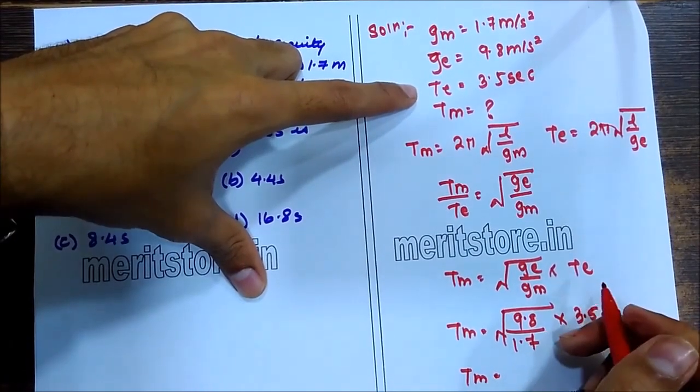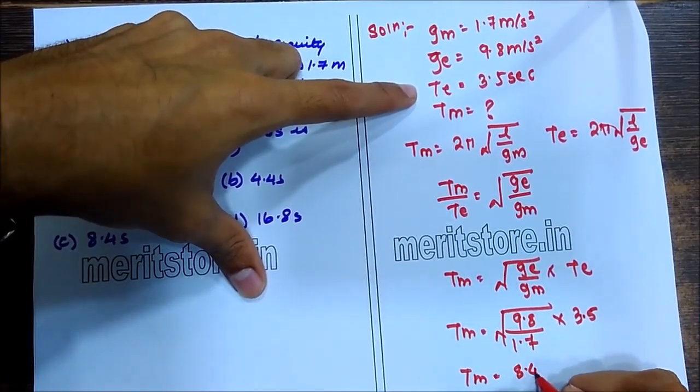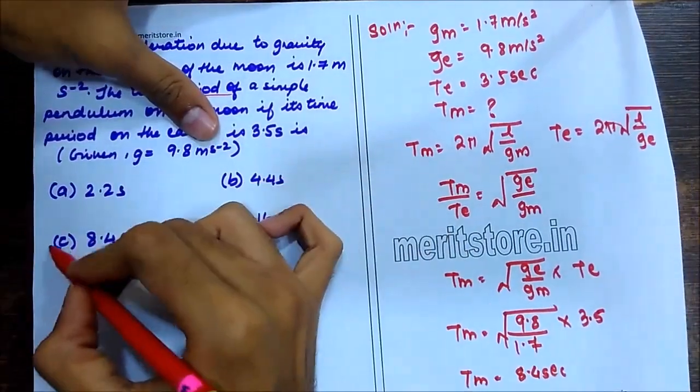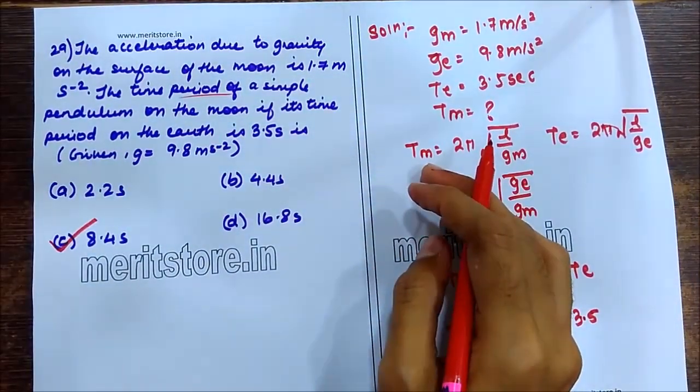Calculating the above terms, the answer comes out to be 8.4 seconds. So the correct option is C, 8.4 seconds.